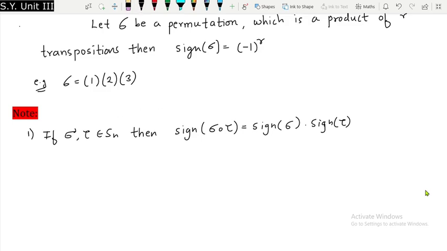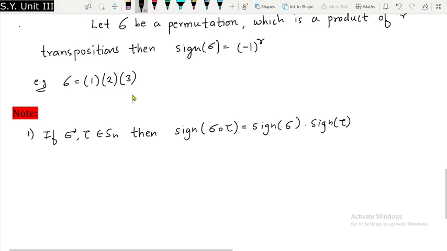Over here 1 is mapping to 1, 2 is mapping to 2 and 3 is mapping to 3. So the number of transpositions is 0. You cannot get any transposition in the picture for sigma. So the number of transpositions involved in the representation of sigma is 0.